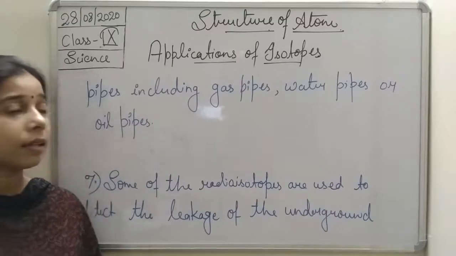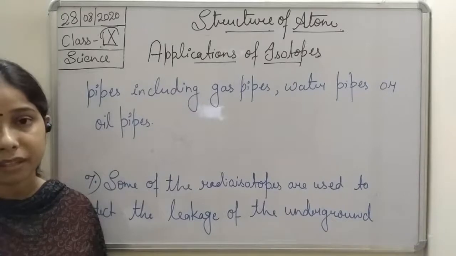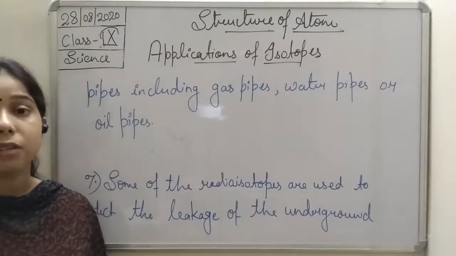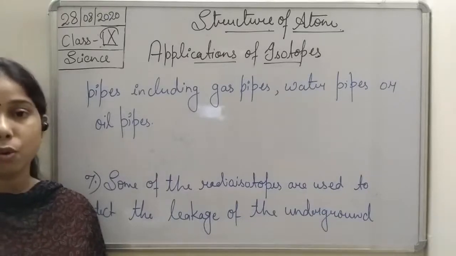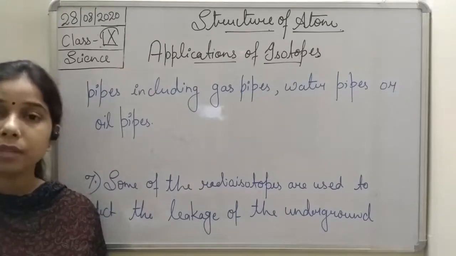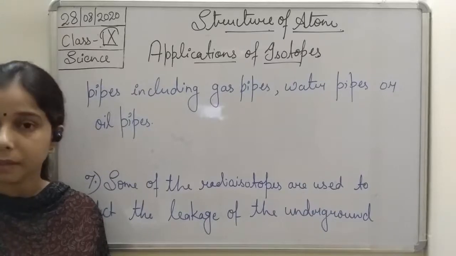Then the second one is that these radioisotopes are also used in the medical field. If you see here, students, cobalt-60 is used in the treatment of cancer. Not only cobalt-60, but phosphorus-32, P-32, is also used in the treatment of leukemia, or blood cancer.